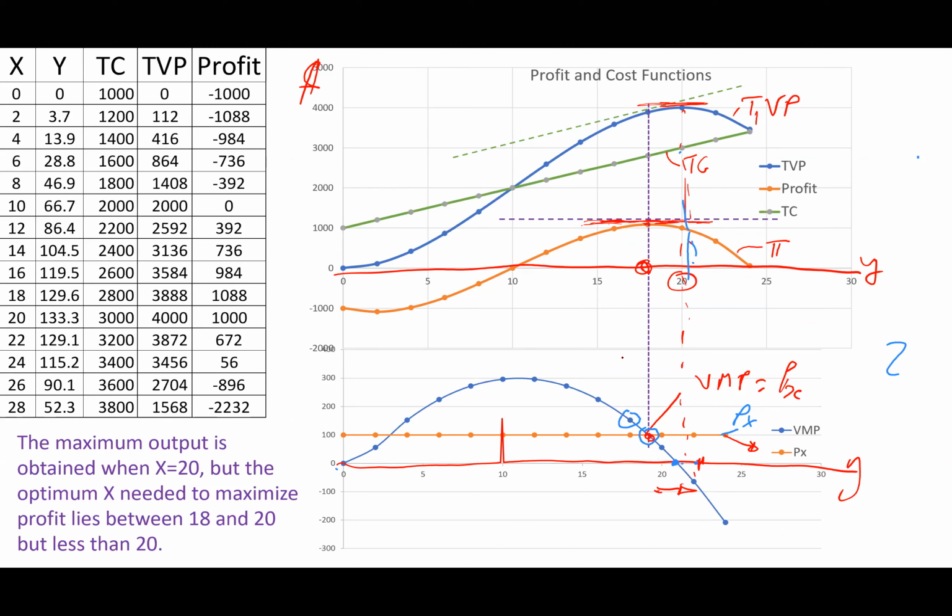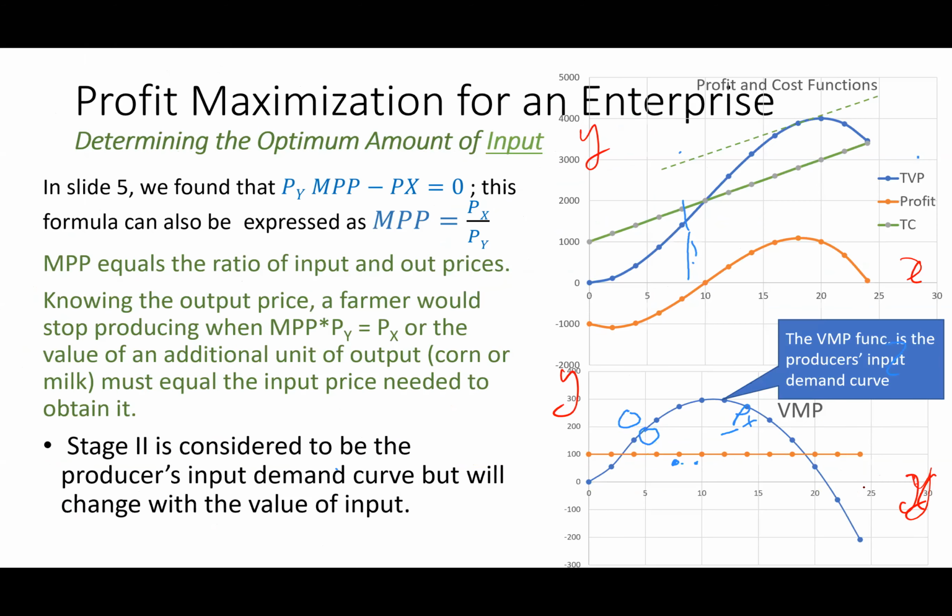Yes, so this is x because it's inputs. We are deriving with respect to x, and so this is x. We have y when we are deriving with respect to y, but here we are deriving with respect to x, so our line here represents x's.